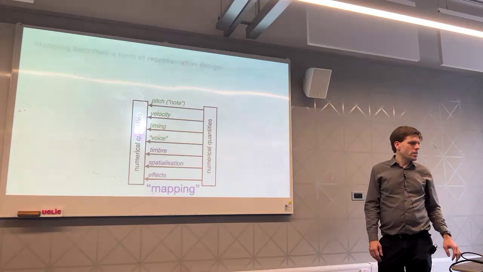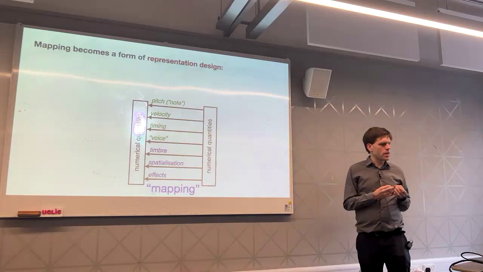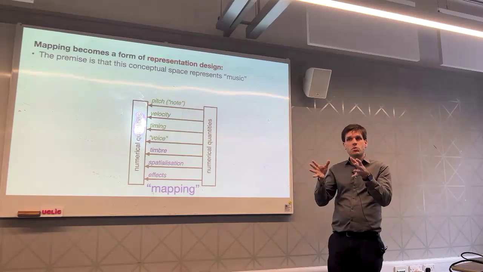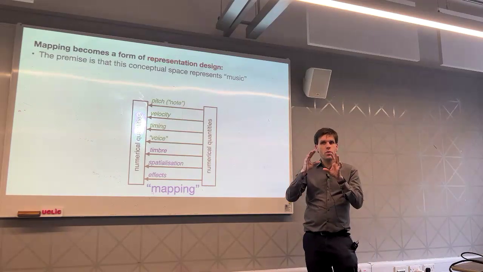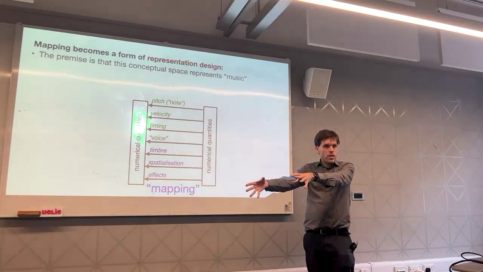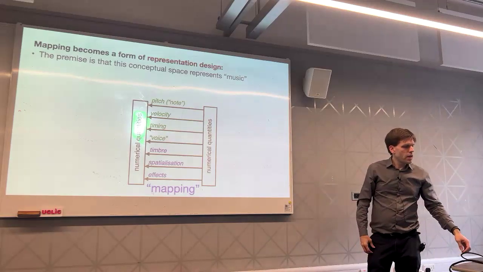What I'm getting at here is that mapping can become a form of representation design, that we've started with this premise that we have a conceptual space of words and numbers that is representative of this abstract underlying quantity called music, and that by manipulating this representation, we are therefore creating music.